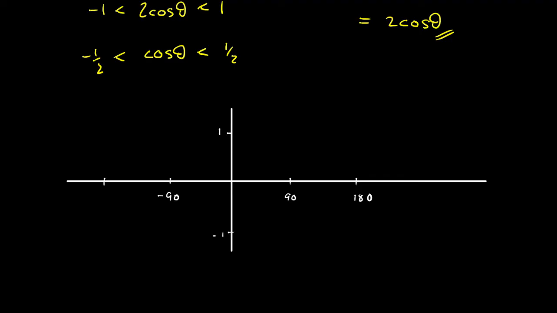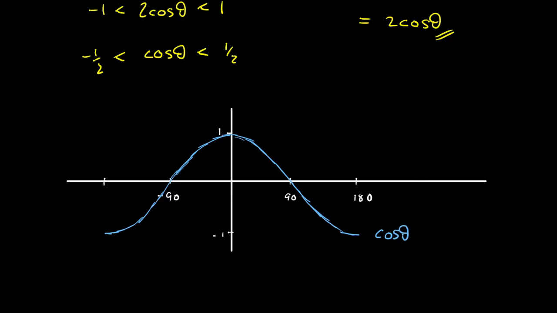Now we know that the cos graph starts at +1, so the graph will look something like that. It goes down to -1, and like that. Okay, so that's the graph of cos theta.